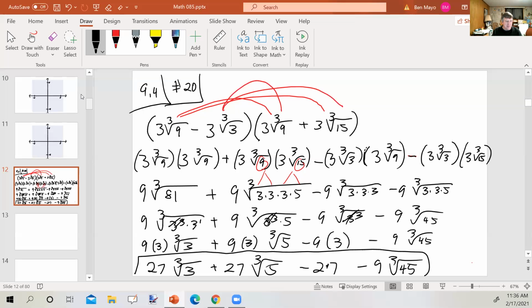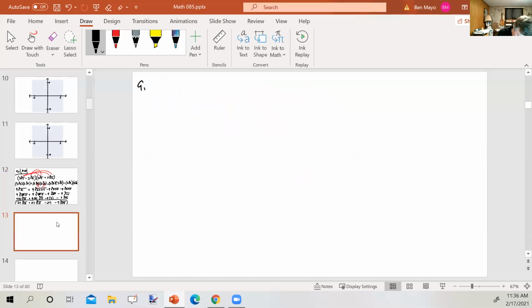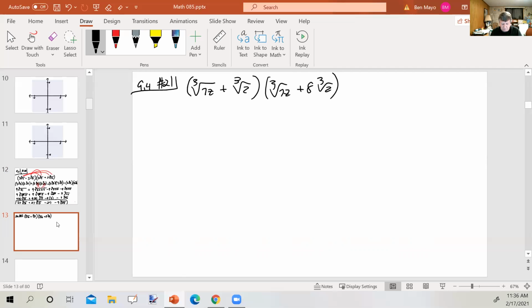Let's take a look at number 21, which is very similar. So 9.4, number 21. And we have the cube root of 7z plus the cube root of 2 times the cube root of 7z plus 8 cube roots of 2.